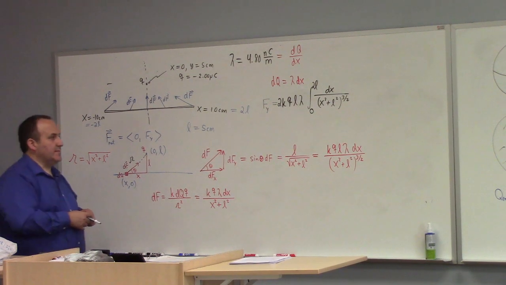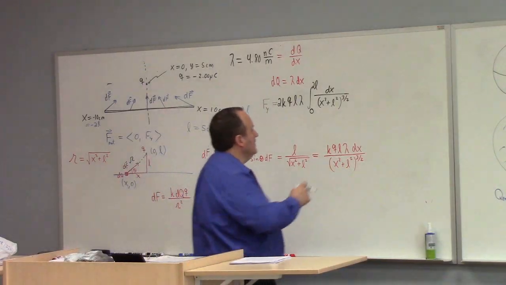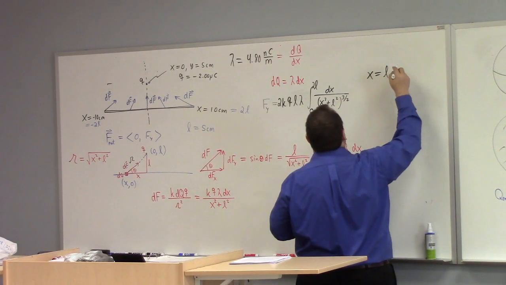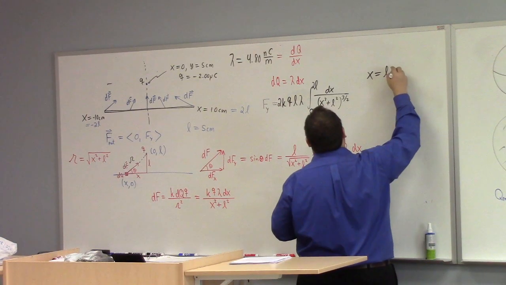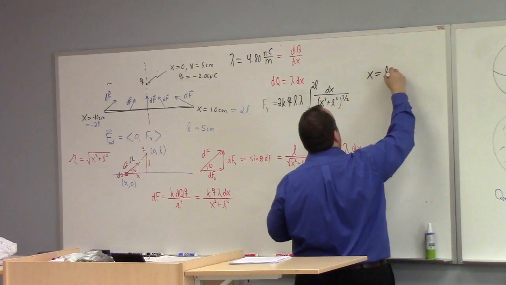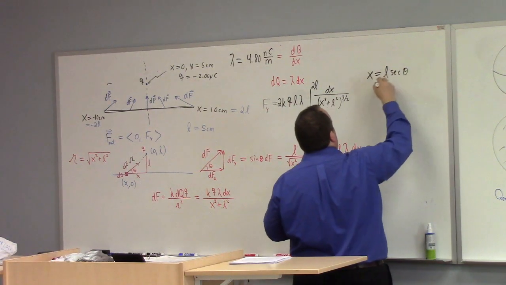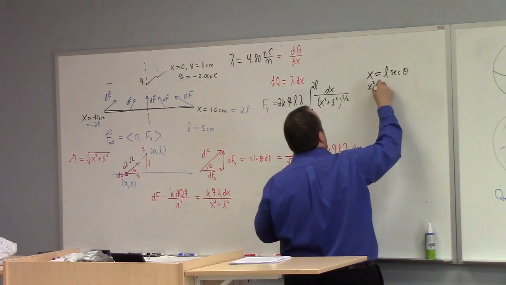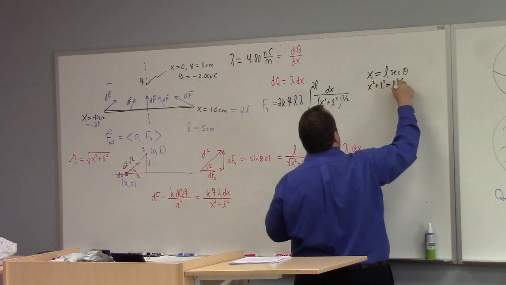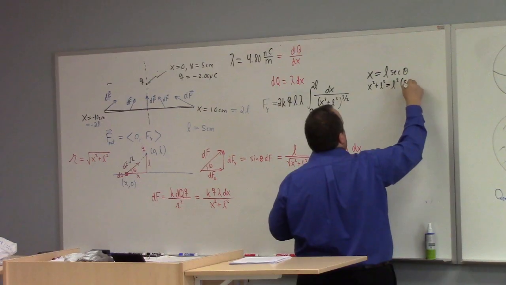So I believe this is a trig substitution. And we let x equal to, I want to say L secant theta maybe? Then x squared plus L squared equals L squared times secant squared theta plus 1.